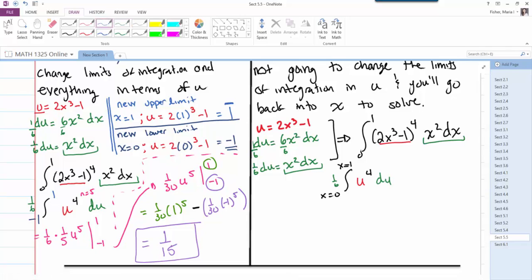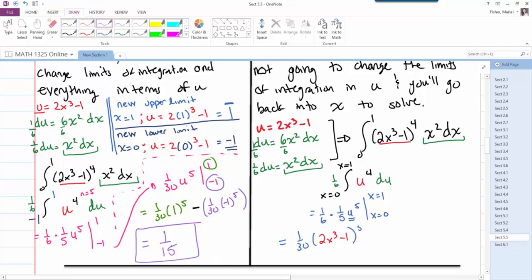If I integrate this, I end up with 1/6 times my 1/5 u to the 5th, and I'm evaluating it from x equals 0 to x equals 1. So we're looking at 1/30th. Let's get back into x's. My x's, remember, are my 2x cubed minus 1, because u is equal to 2x cubed minus 1, raising that to the 5th, and then I say evaluating it from 0 to 1.